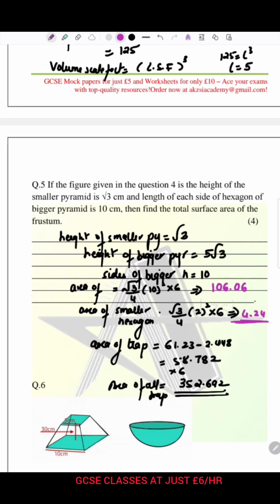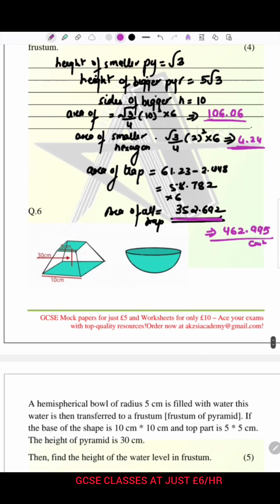I need to add this one, and this all up. It will give me the total surface area, which is 462.995 centimeters squared. This is the total surface area. Moving on to the next question.